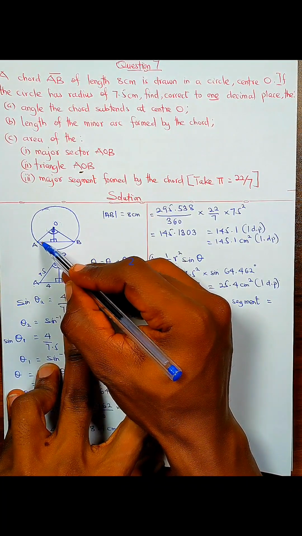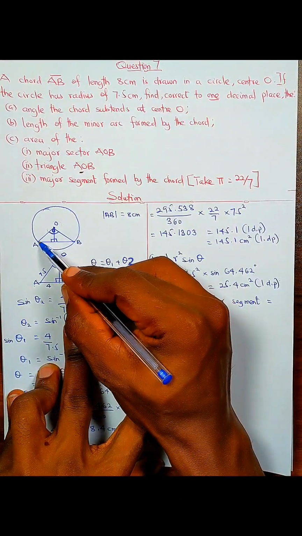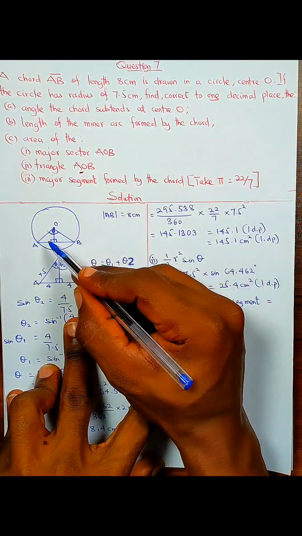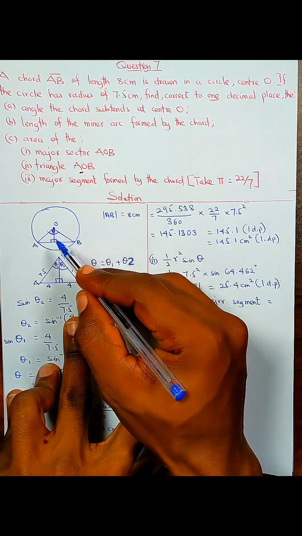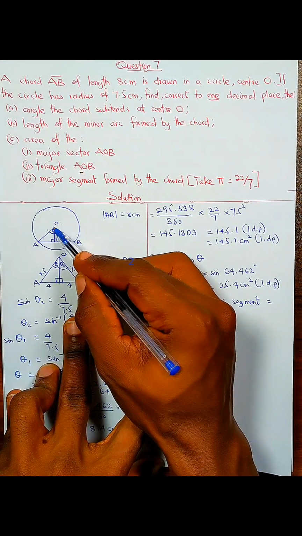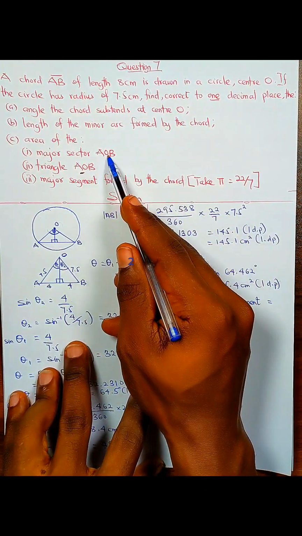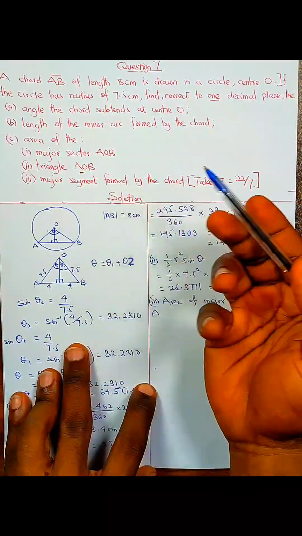If we find the area of the triangle and the area of the bigger sector, which you've already done, that is going to give us the area of the major segment. So we add the area of the triangle plus the area of the major sector, which we found here.